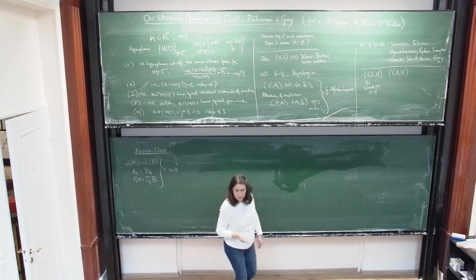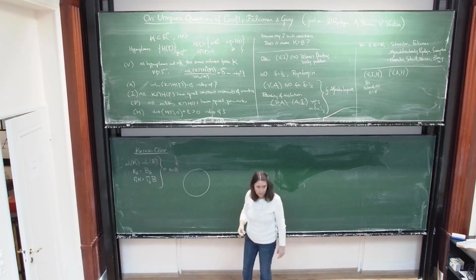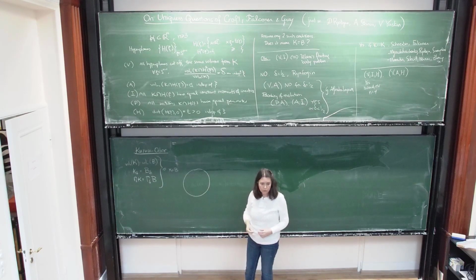So for the purpose of this talk, since in all our questions the floating body is going to be a ball, I'm going to use Dupin's original definition of floating body.